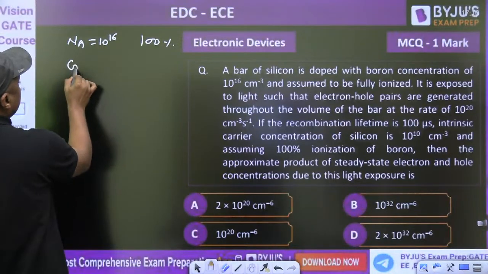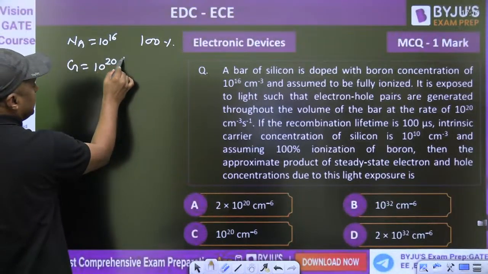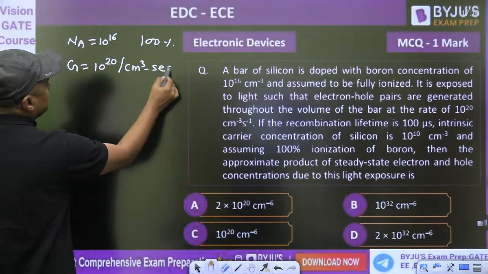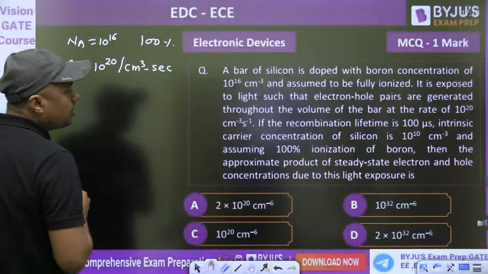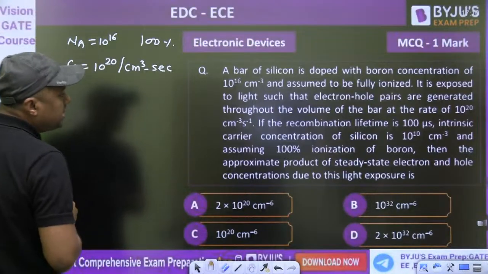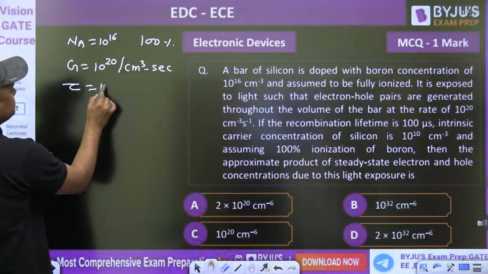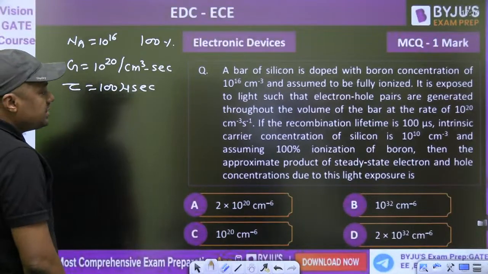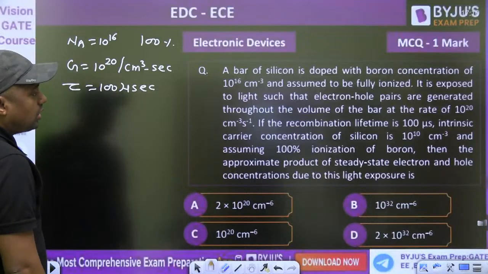What is the generation rate? 10 to the power 20 per centimeter cube per second. If the recombination lifetime is 100 microsecond, the intrinsic carrier concentration of the silicon is 10 to the power 10.